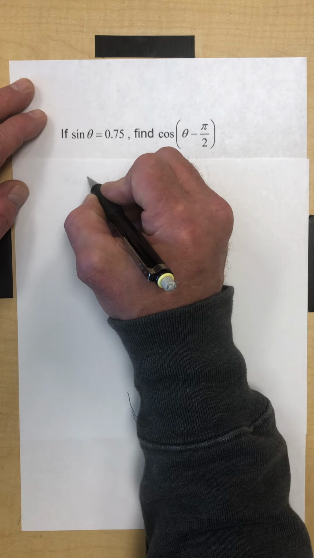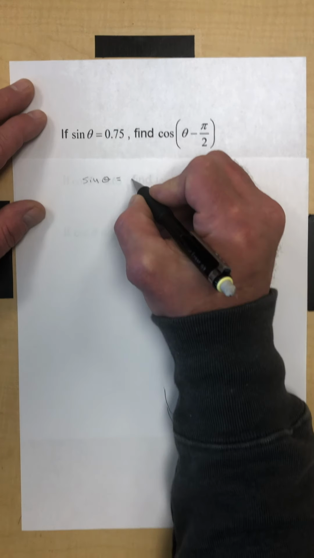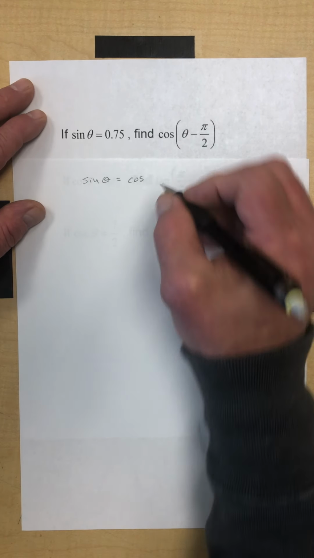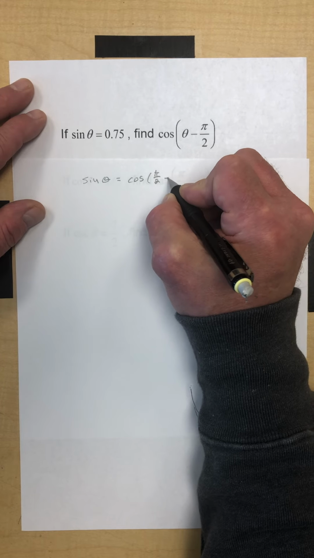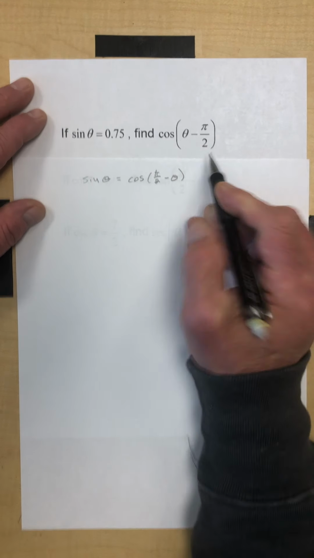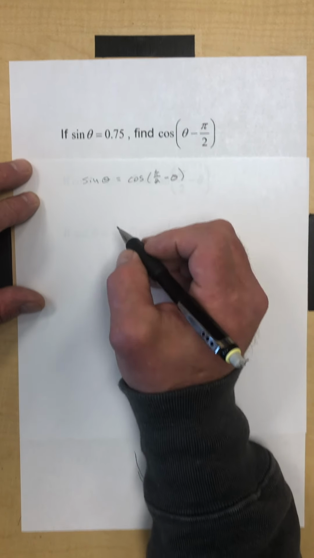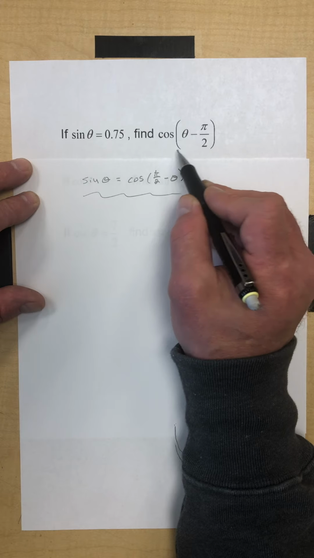Okay, so I have to get this. Let's see, the sine of theta would be equal to the cosine of the complement of theta, which would be pi over 2 minus theta. So I've got to mess around with this guy. How do I get this to be pi over 2 minus theta?